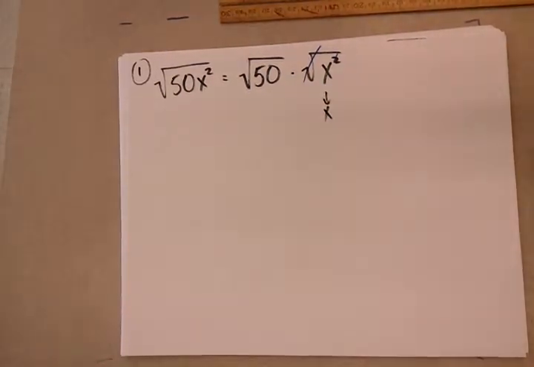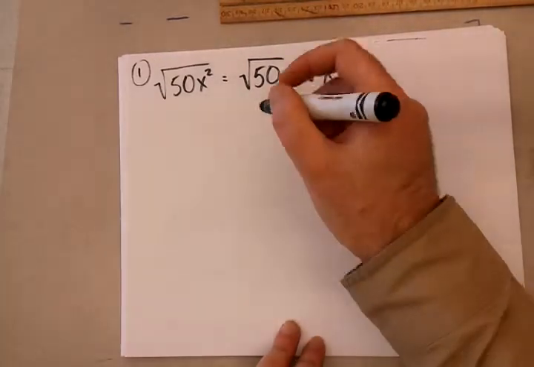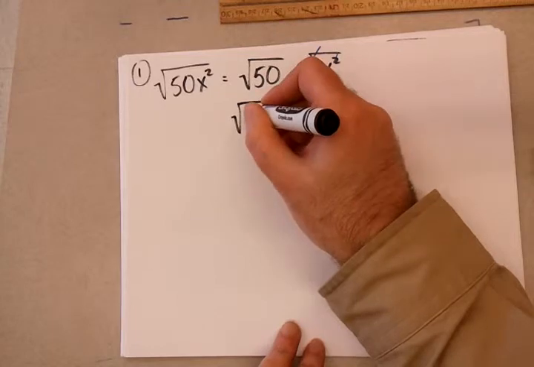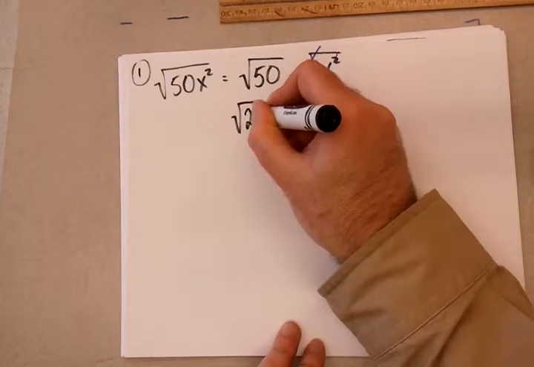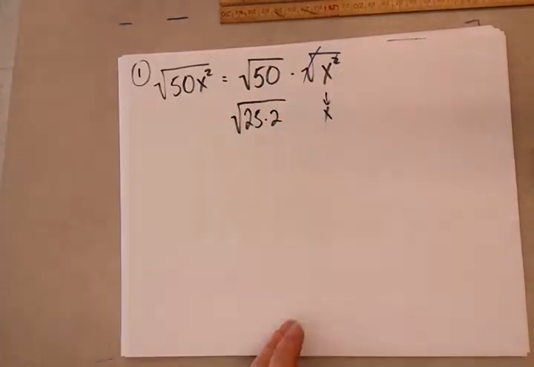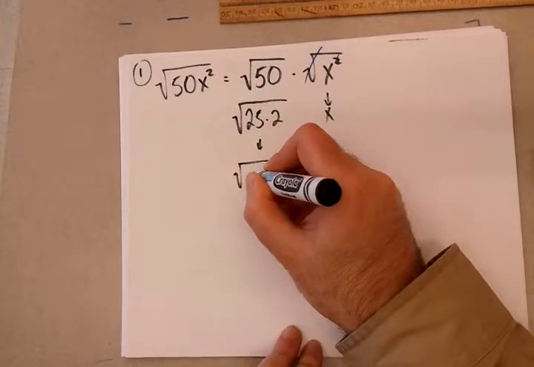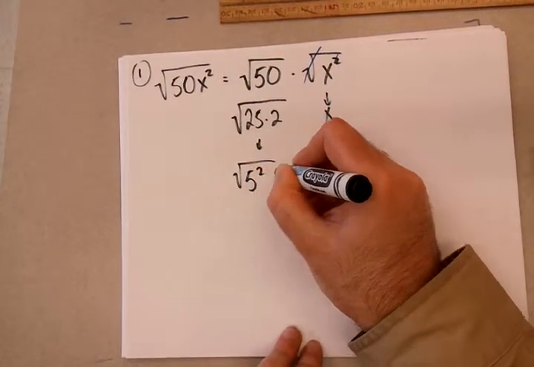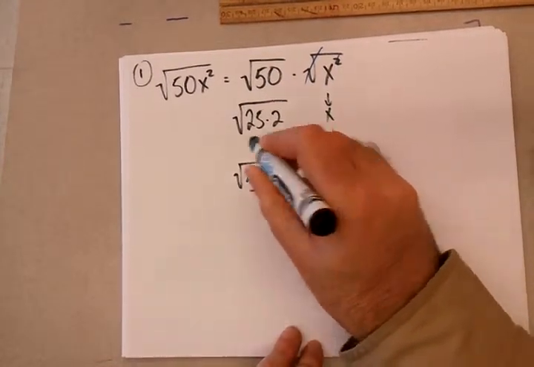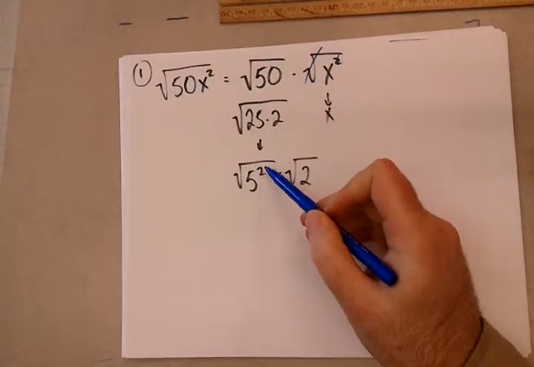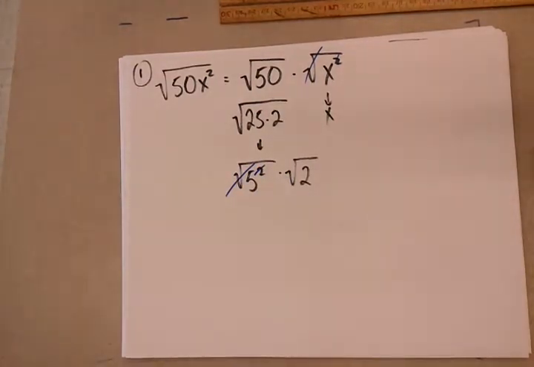The 50 is not a perfect square, so there is going to be a little bit more work, but not much, because the 50 can be broken down to the factors 25 and 2. And 25 is a perfect square. 25 is 5 squared. And I'm going to separate them out, the 25 and the 2, so that way I can easily eliminate the power of 2 that the 5 has with the root.